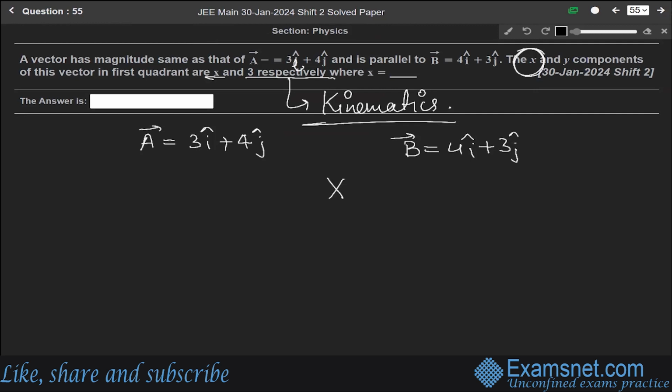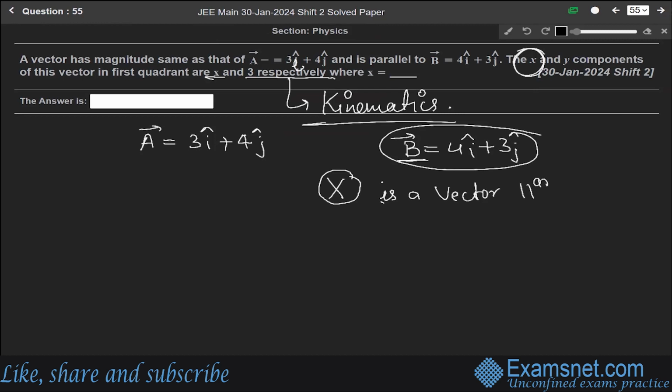This vector is parallel to this vector B. In this case, A is the vector which is parallel to B.